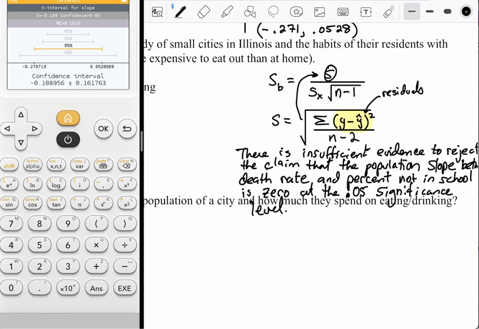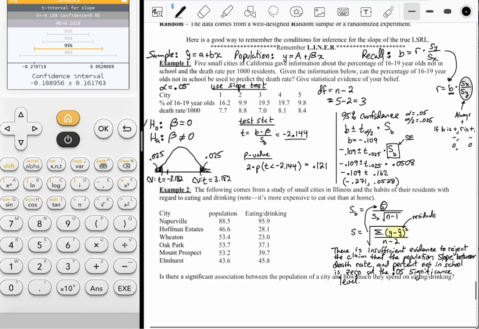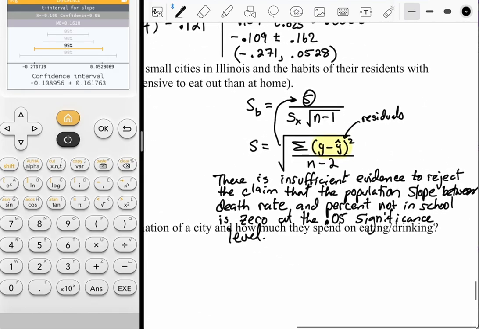Got to make a statement connecting our analysis of the slope to the correlation, because they said, can the percentage be used to predict the death rate, right?